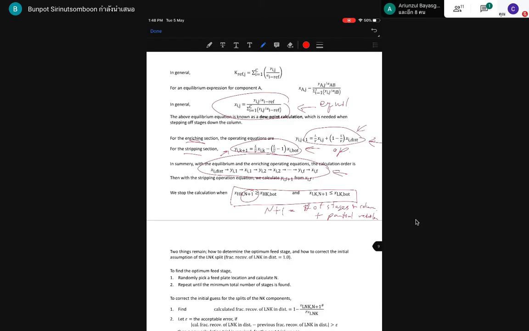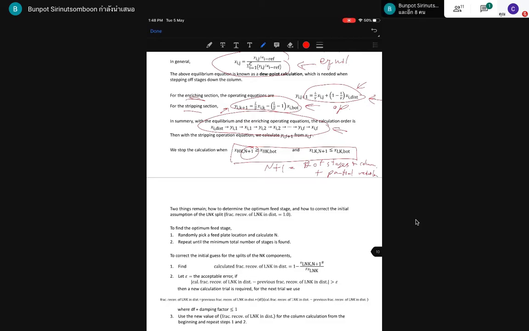And then after you determine the number of stages, you want to find the optimum feed stage, which feed stage gives you the best result. To do that, you have to do a bit of trial and error. First randomly pick one feed stage and use it to find the total number of stages.